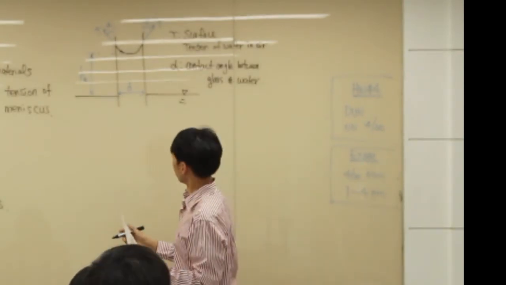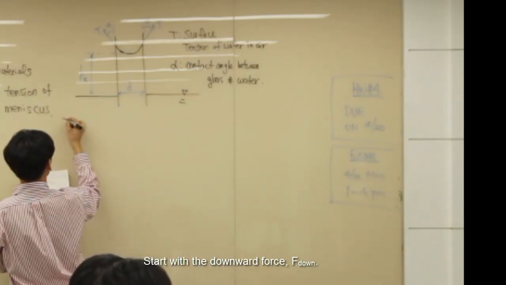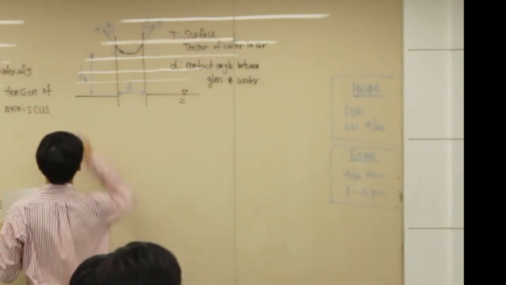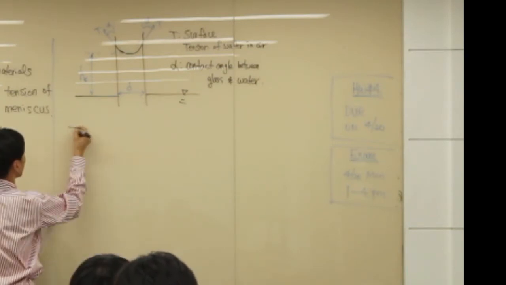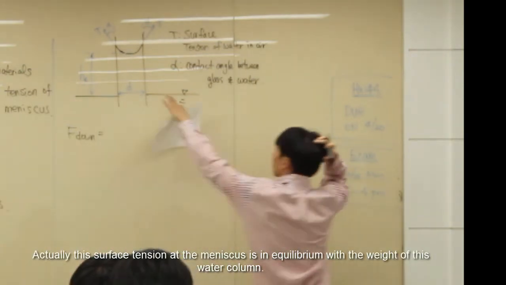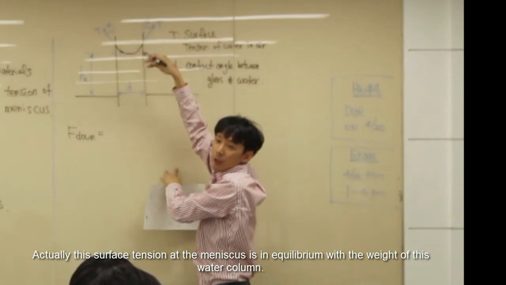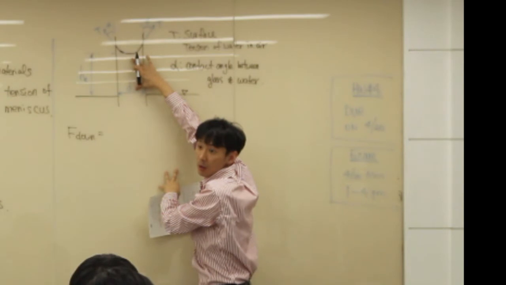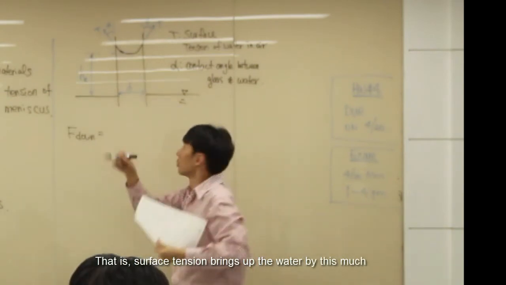Okay, then start with the downward force, F down. Actually, the surface tension at the meniscus is in equilibrium with the weight of this water column, right? So the surface tension is bringing up the water by this much.